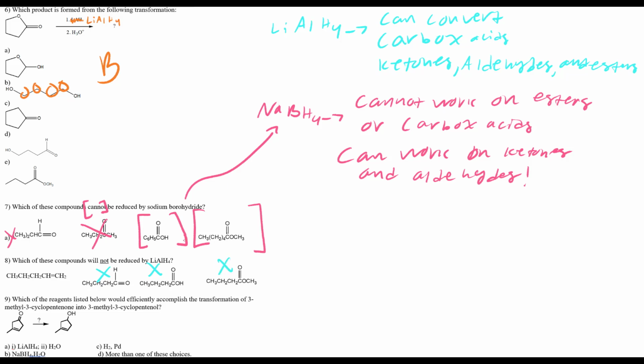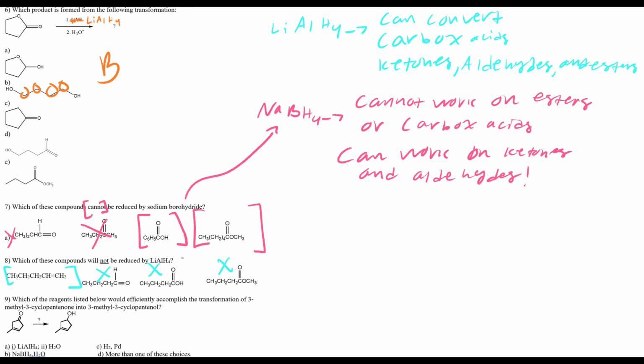They're pretty good. Over here for A, this wouldn't work. Why would it not work? It wouldn't work because there aren't any oxygens to work with. There are no carbonyls. It's just an alkene. And we don't really use lithium aluminum hydride or sodium borohydride for basic alkenes. Okay, so this compound would not be reduced by lithium aluminum hydride.